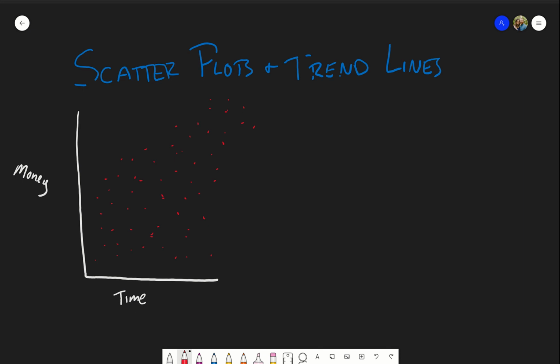as time grows, the way we would say this is as time grows, the cost grows as well. So as more time passes, more money gets spent or more money gets saved or whatever's happening with money. As one's growing, the other is growing. This is called a positive correlation.